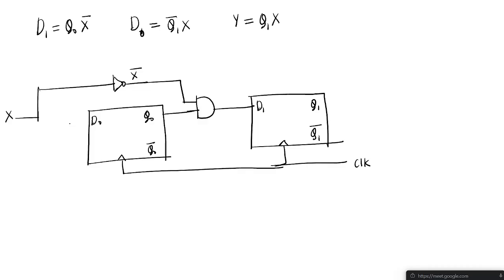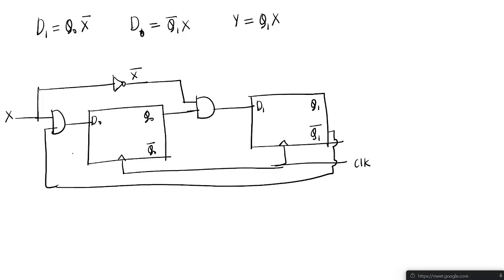And D naught equal to Q naught X, Q1 bar. Q1 bar X means you need to take the input from here, and one input is X only, and this is given to D naught, and this is Q1 bar.